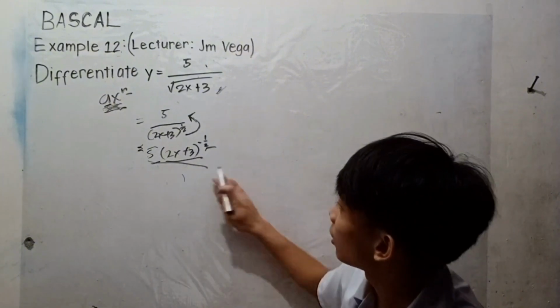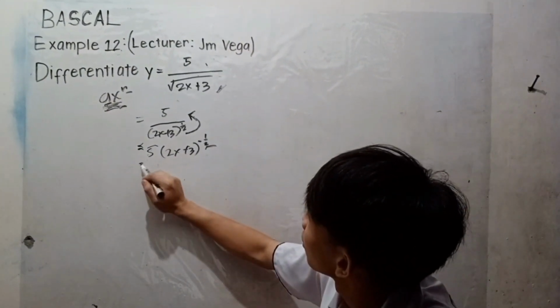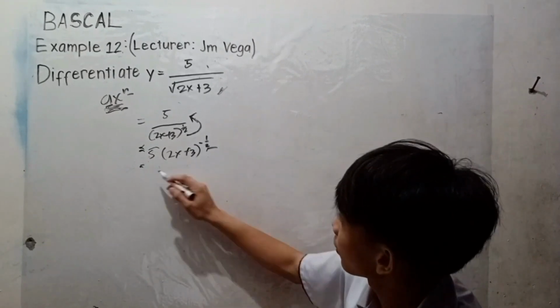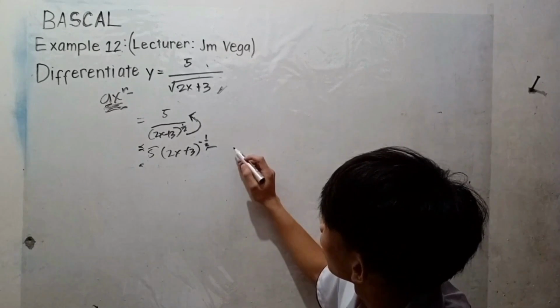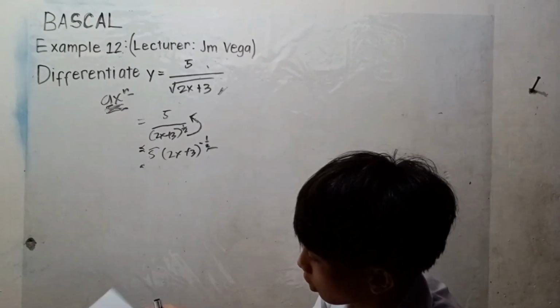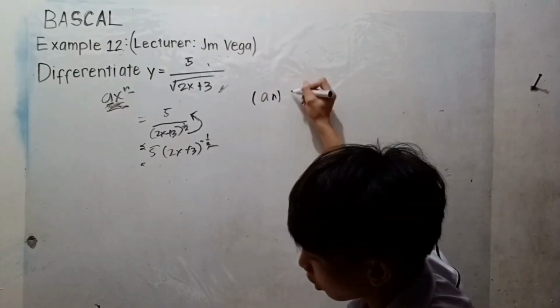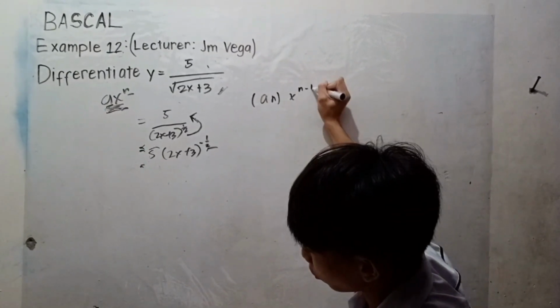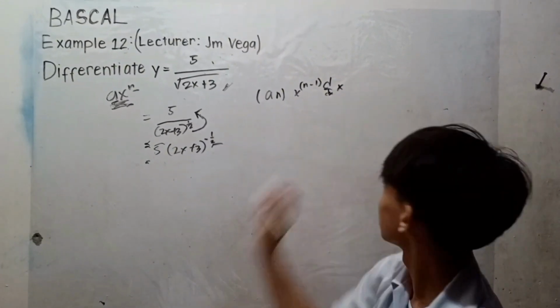So we can apply the chain rule in this one. The first thing we do is apply the chain rule using this formula: a times n times x to the n minus 1 and the derivative of x.